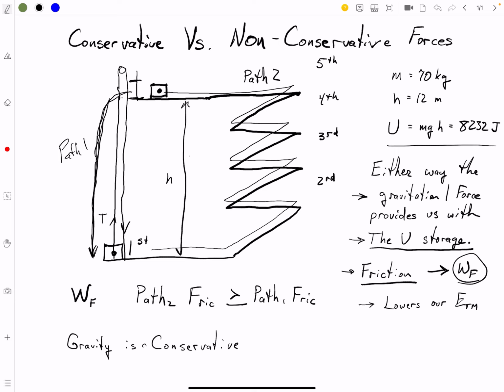Gravity is a conservative force. Friction is non-conservative.